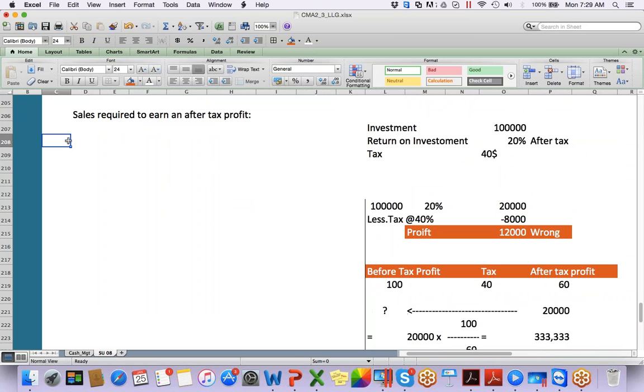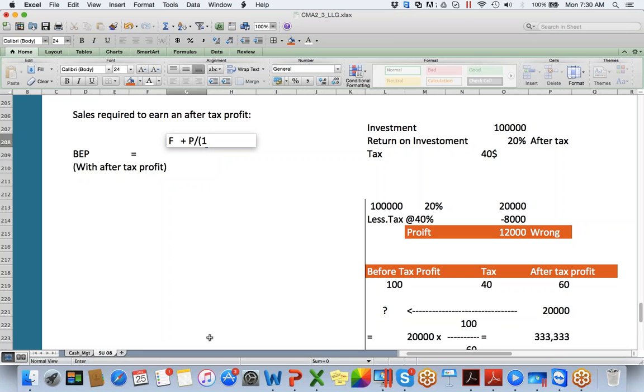Now, the formula is break-even point with after tax profit equals fixed cost plus profit divided by 1 minus T. Remember, this should be calculated separately.